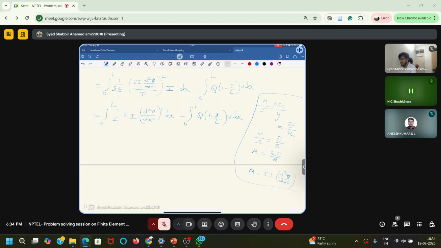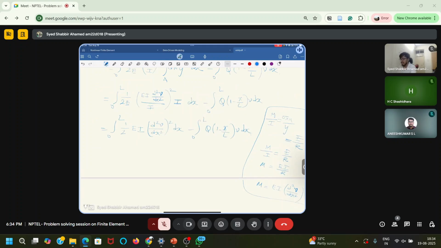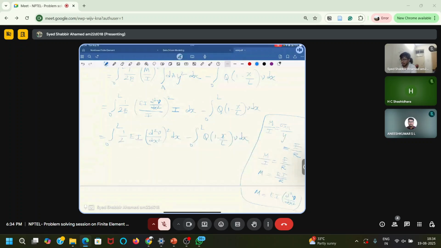So we have got the potential energy in terms of the primary variable. The primary variable is nothing but V here. So we have got this U in terms of V. That was our first goal, and we have achieved it. Now we have to move forward and consider the variation of U and set it to 0. That is nothing but minimizing the potential energy.